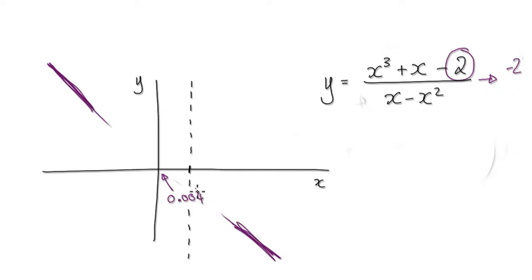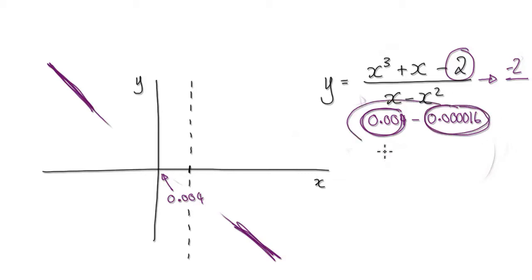And this thing here, when you put into here, you have something like 0.004, and then take away this thing squared, which will be 0.00016. So you can see that this number is bigger than this number, and when you take a big number and take away a smaller number, collectively this thing will be a positive number, very, very, very small.